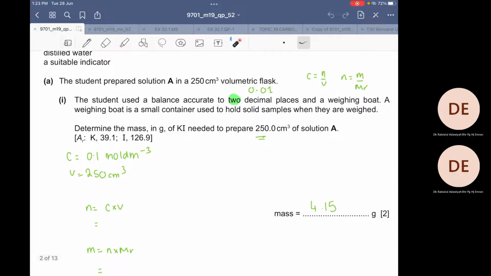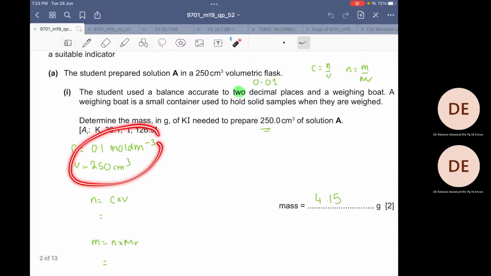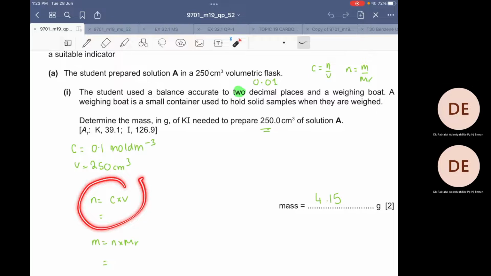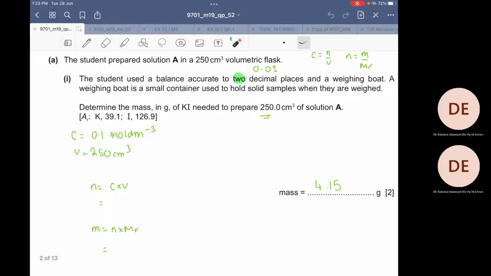So what you do is find first the number of moles required for that particular concentration. So you use number of moles equals C times V. Once you found the number of moles, since you want to find mass, the relationship is number of moles equals mass over Mr. So you take the number of moles times the Mr of potassium iodide.